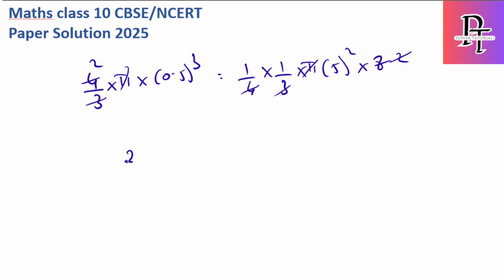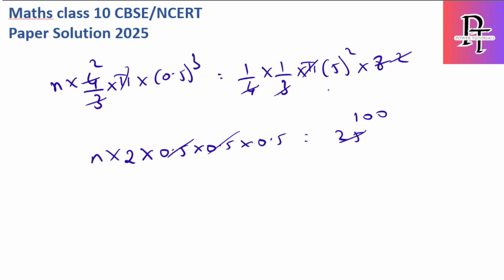So finally I have 2 into 0.5 into 0.5 into 0.5, times n, the number of spheres, is equal to 5 square, which is 25. So I can write this as 100, because 0.5 can cancel 5 as 10, and again 0.5 cancels 5 as 10.